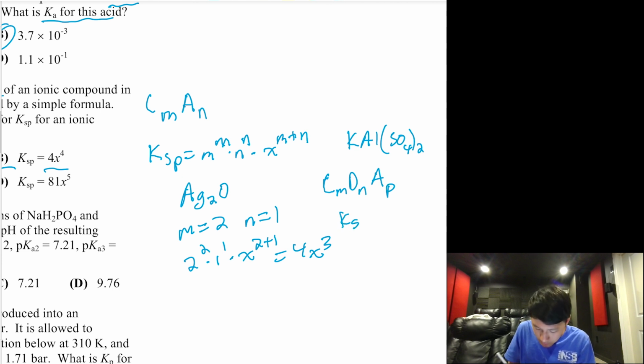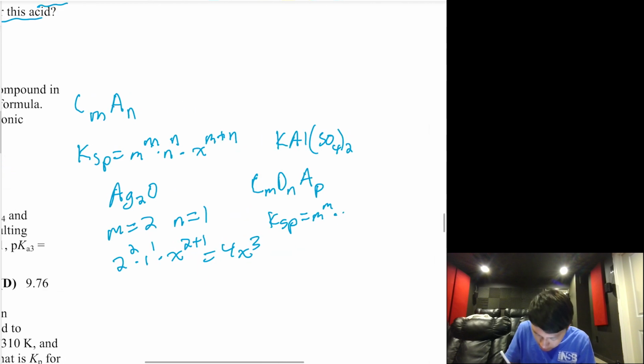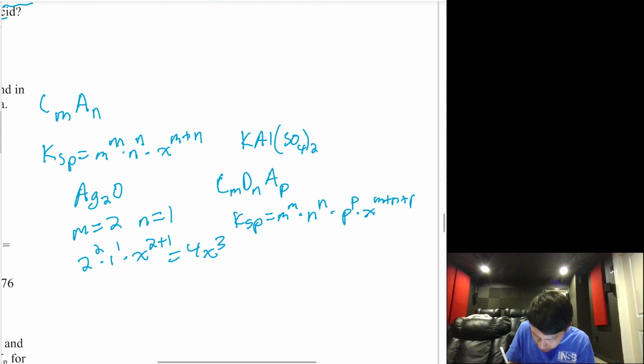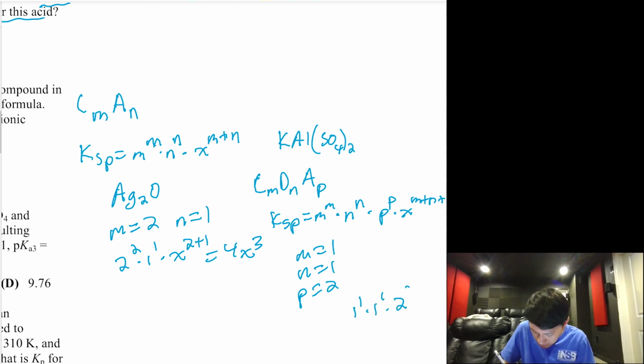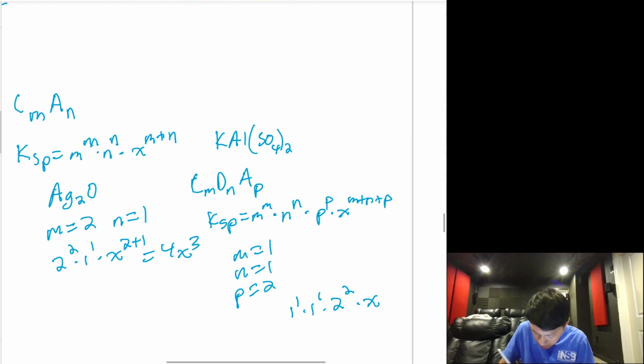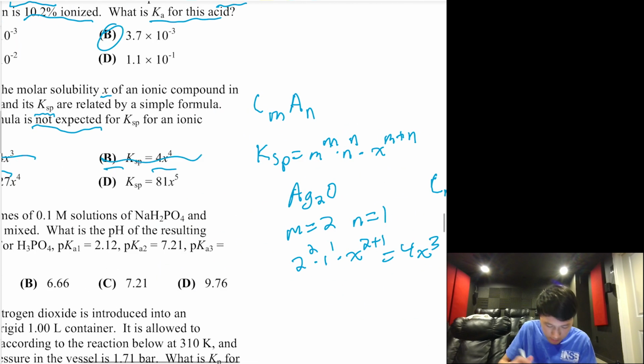And Ksp for this type of species will equal M to the M times N to the N times P to the P times x to the M plus N plus P. And then we can just plug in our values. In this case, M equals 1, N equals 1, and P equals 2. So we have 1 to the 1 times 1 to the 1 times 2 to the 2 times x to the 1 plus 1 plus 2. And clearly this gives us our 4x to the fourth, so this is possible. So B is not correct.